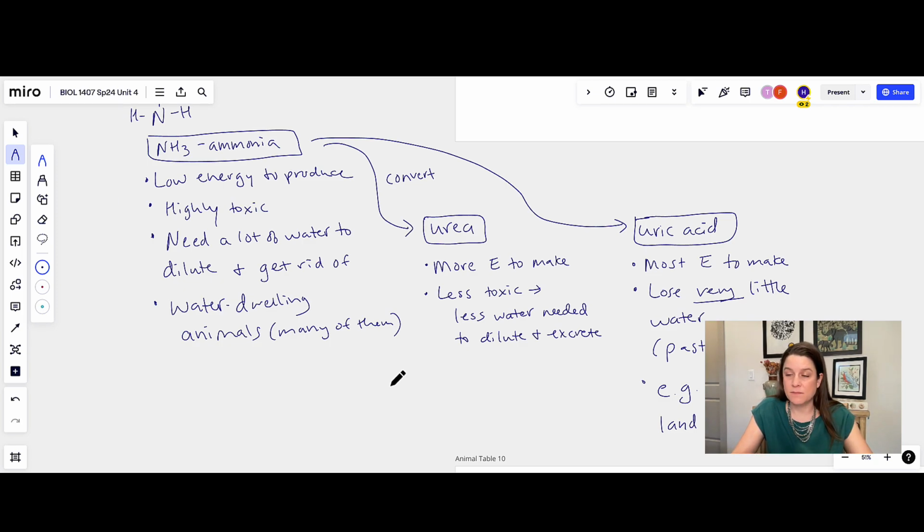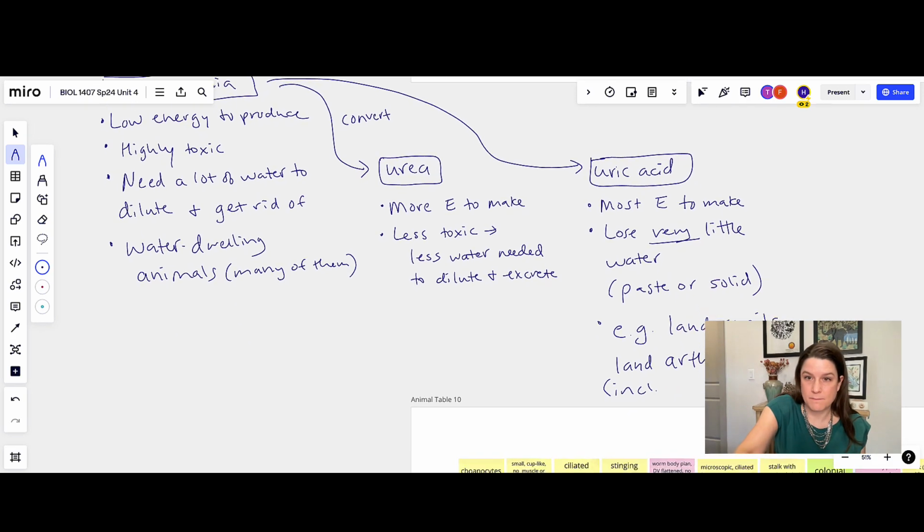It's pasty, very little water loss, which is great for conserving water for living on land, because living on land requires water conservation as one of the challenges. Something had to evolve in order for them not to lose so much water. Otherwise, they never would have moved onto land from their water-dwelling ancestors. So this is a good example of that for the insect essay.